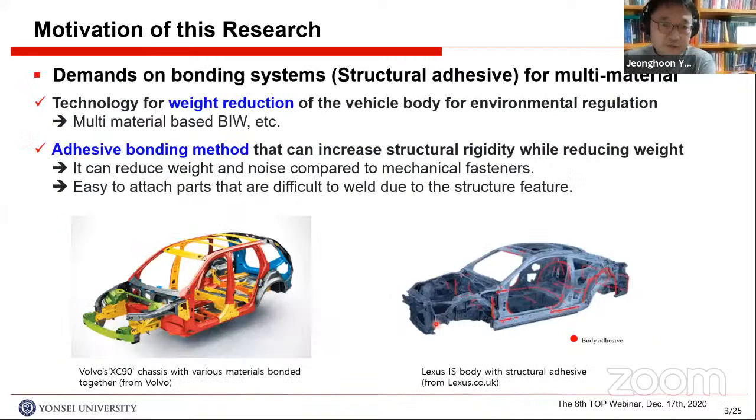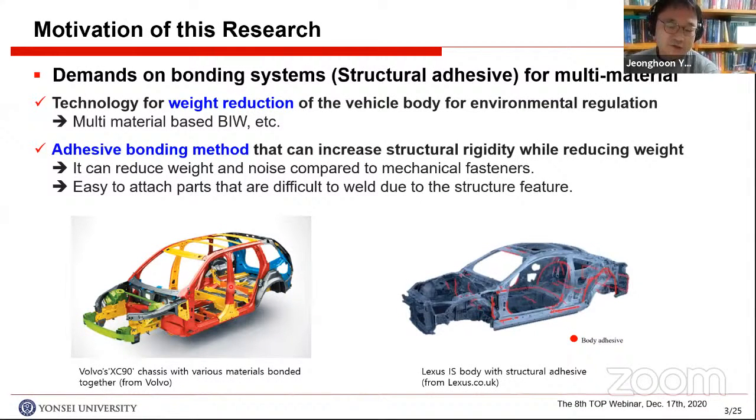Firstly, the motivation of this research. The most important thing in structural design nowadays is maybe weight reduction. For weight reduction, as you may see, many multi-material based designs are applied, like the body in white design of automobiles. But for this kind of multi-material design, we have to consider the bonding method.